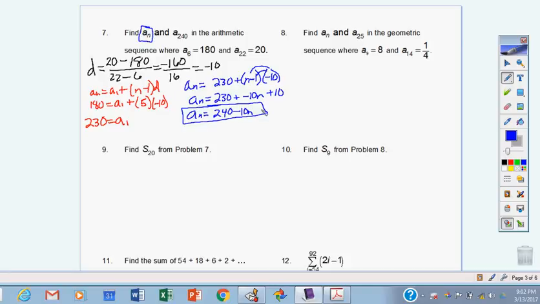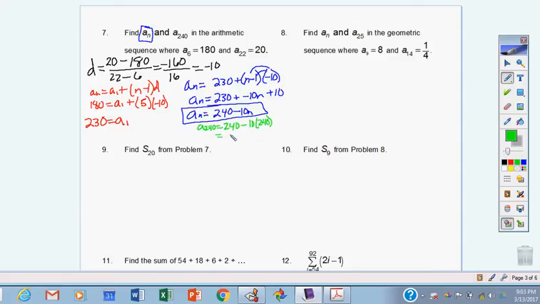Now the 240th term. So let me switch colors here. And that means just plug it in. So we got a sub 240 equals 240 minus 10 times 240.